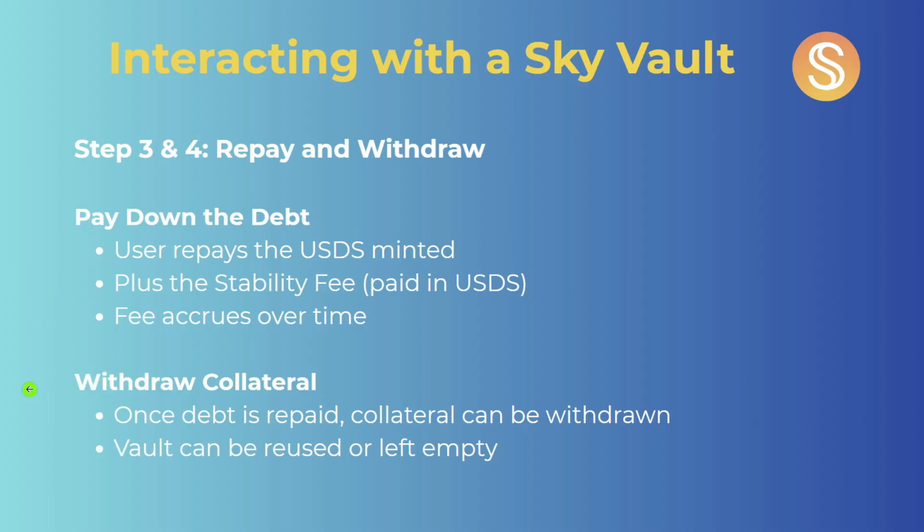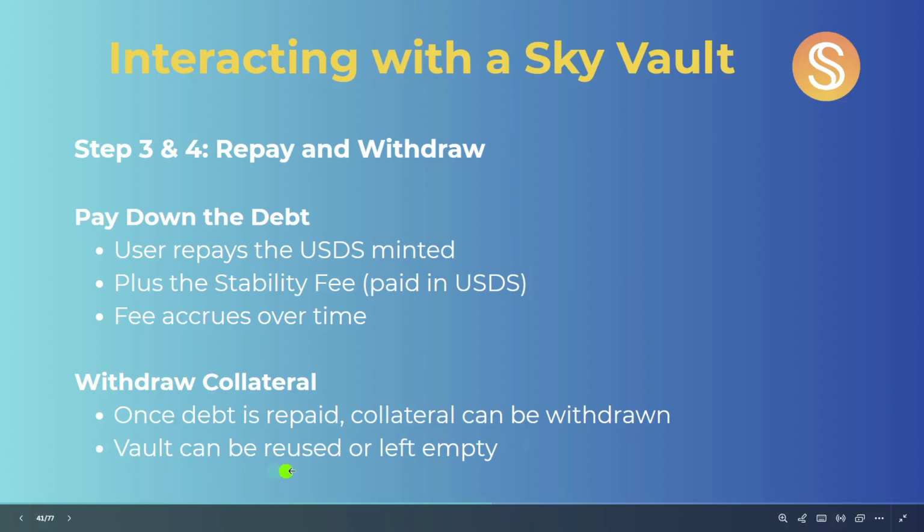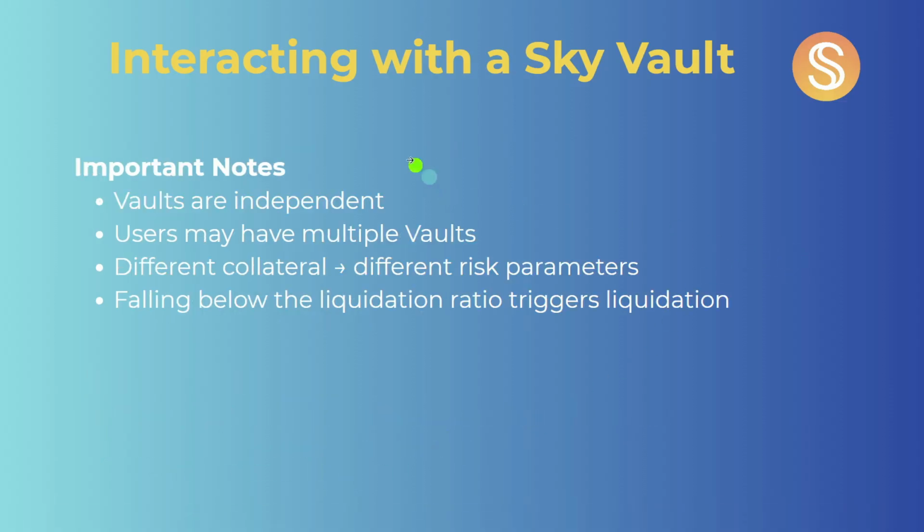Once we have paid down the debt, we can withdraw the collateral. Once that is repaid, collateral can be withdrawn, and the vault can be reused or left empty. Important notes: vaults are independent. Users may have multiple vaults, with different collateral and different risk parameters. Falling below the liquidation ratio triggers liquidations.